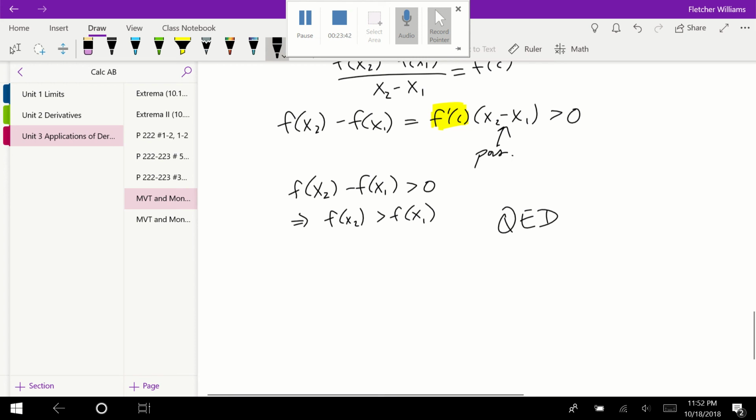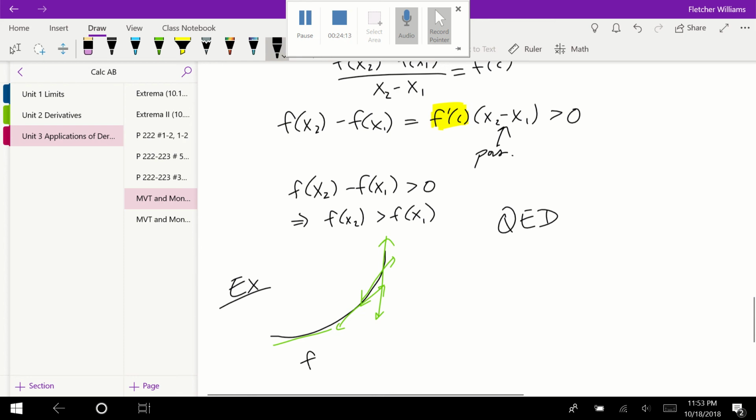And so just to illustrate a little bit of this, if you imagine some curve like this, draw some tangent lines in just to get some perspective. Notice that there's nothing here that was negative.